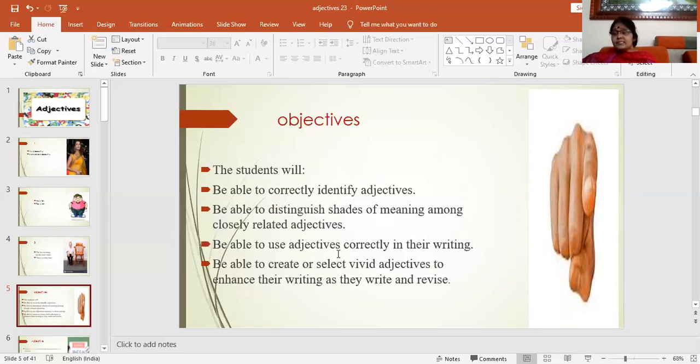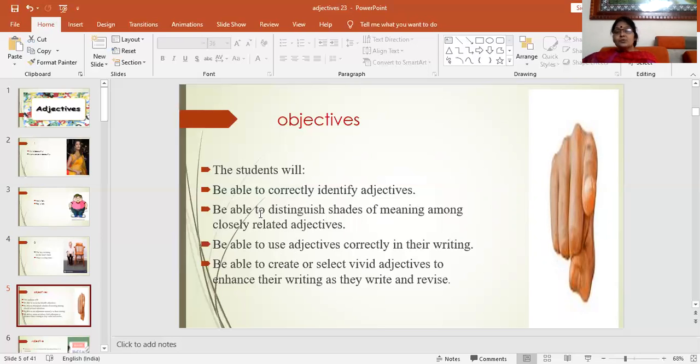Now, what is our objective in learning these things? The objective to teach adjectives over here is to help students correctly identify adjectives, distinguish shades of meaning among closely related adjectives, use adjectives correctly in their writing, and create or select vivid adjectives to enhance their writing as they write and revise.